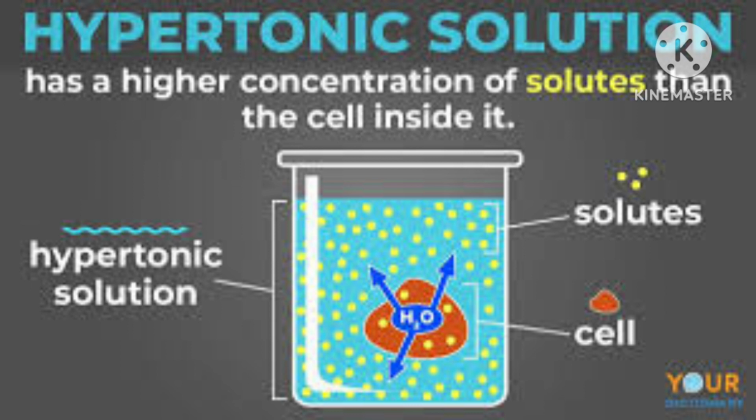The fluid inside the blood cell and 0.9% sodium chloride solution have the same osmotic pressure, hence both solutions are called isotonic solutions.